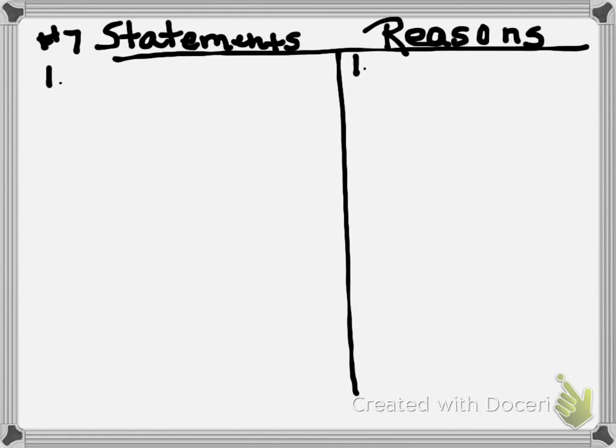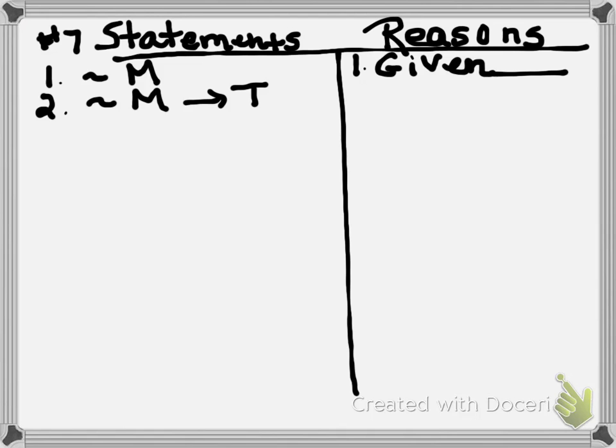However, when I put it into my proof, I always consistently want to start with a single statement. But I like to show them with the conditional on top and then the single statement because I think it looks better or easier for you to understand. But I'm going to put not M in first, which is given. And then not M implies T, which is also given. Now, putting these two together, the hypothesis of this conditional is true.